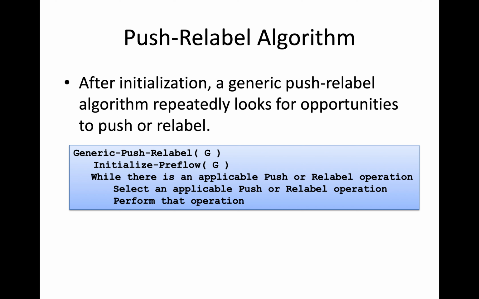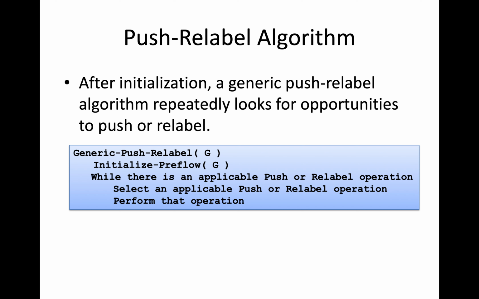It initializes the preflow, saturating every edge out of the source and setting the heights of almost everybody to 0 except the source vertex. And then it just repeatedly does a push or a relabel operation. If any of those operations are doable, it finds either a vertex that it can relabel or an edge that it can push some additional commodity over, and it just does that until it can't do any more push operations.